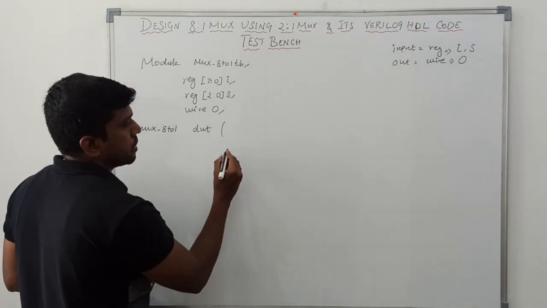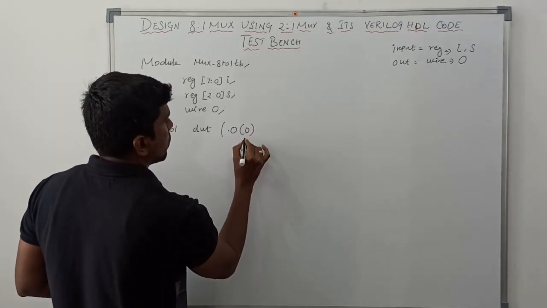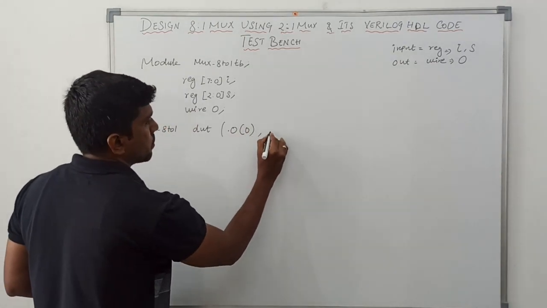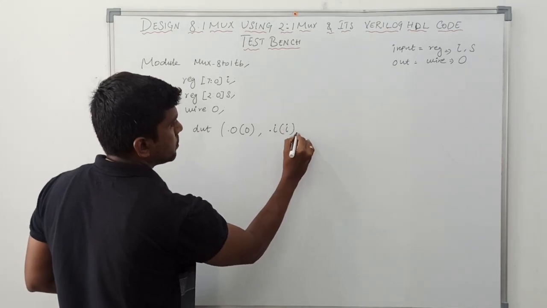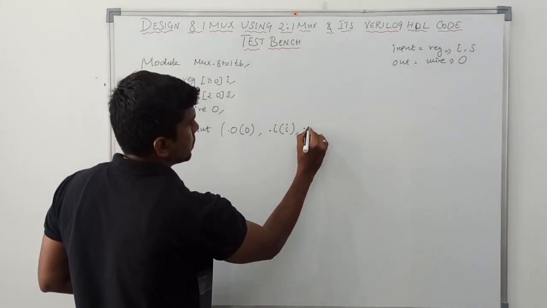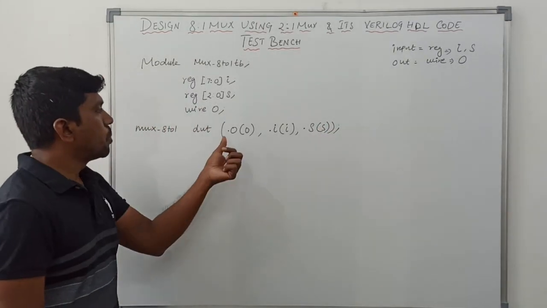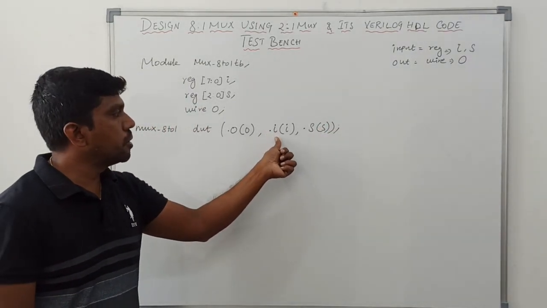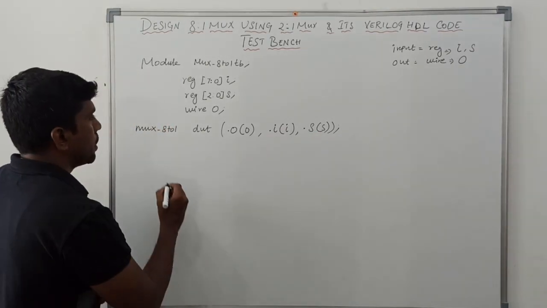Within the brackets, the port connections: .O(O), .I(I), and .S(S). O means output, I represents the input variable, and S represents the selection line variable.